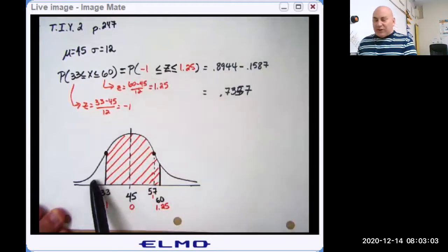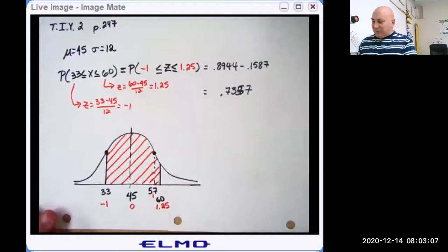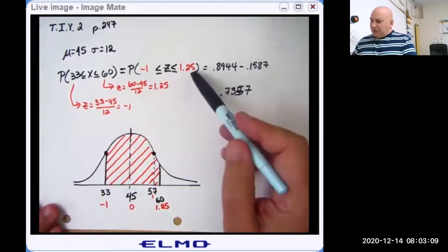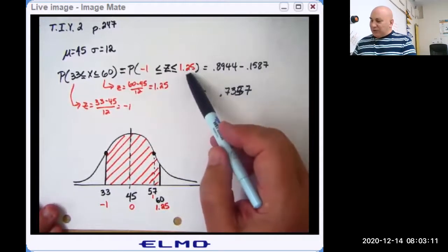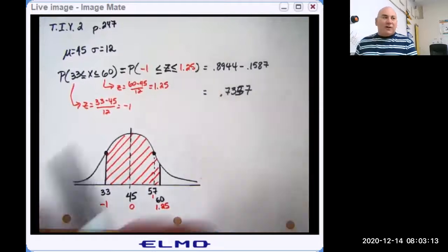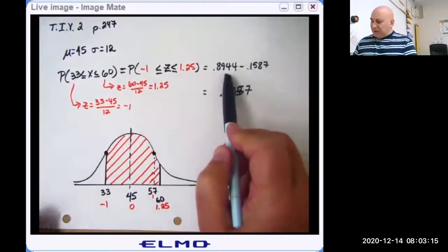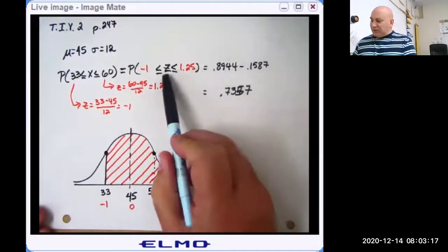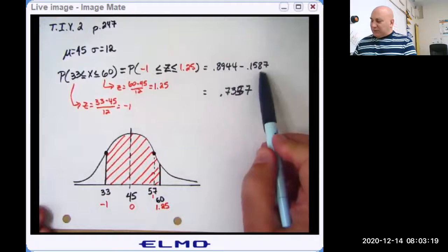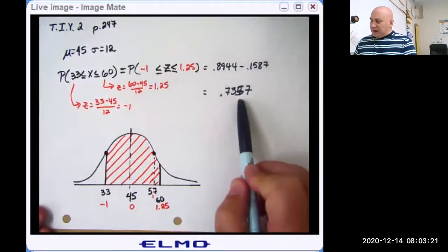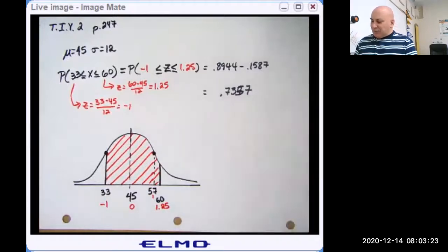I subtract those and I'm left with just the shaded area in between. So the table value for a Z-score of 1.25 is this number. The table value for a Z-score of -1 is this number. And I get almost a 74% chance that somebody would be in the supermarket between 33 and 60 minutes.